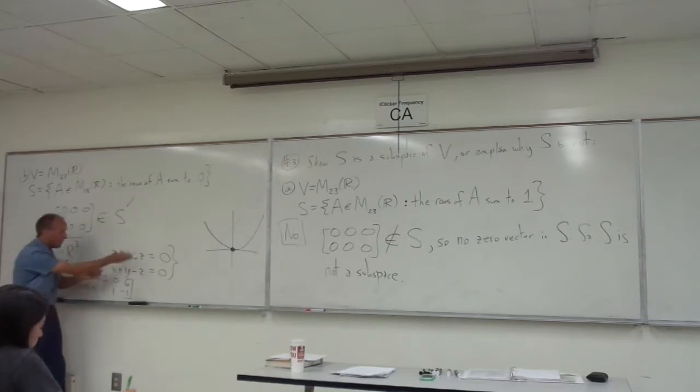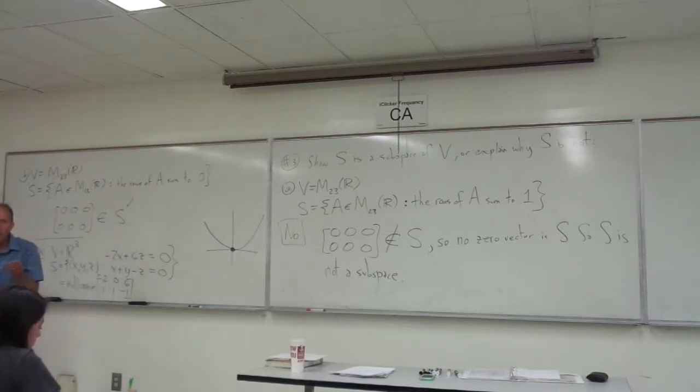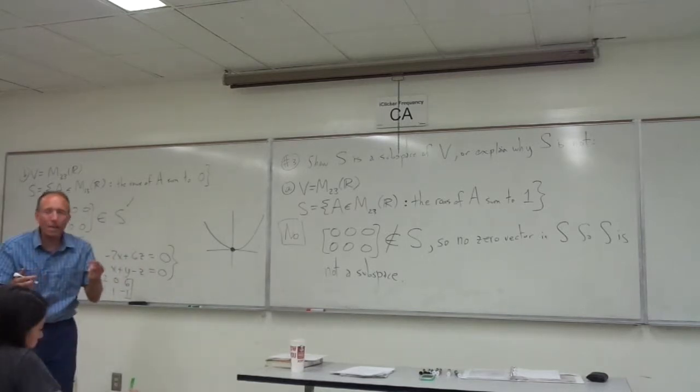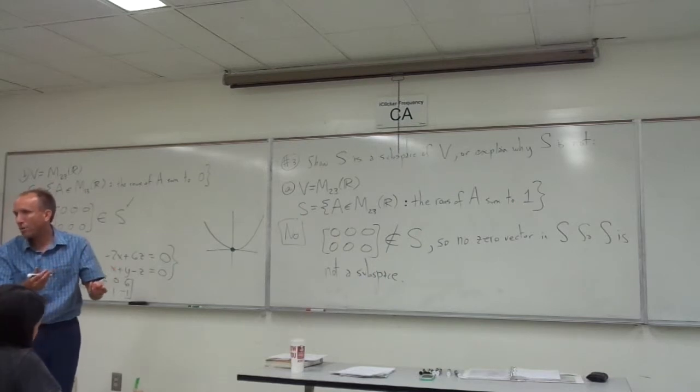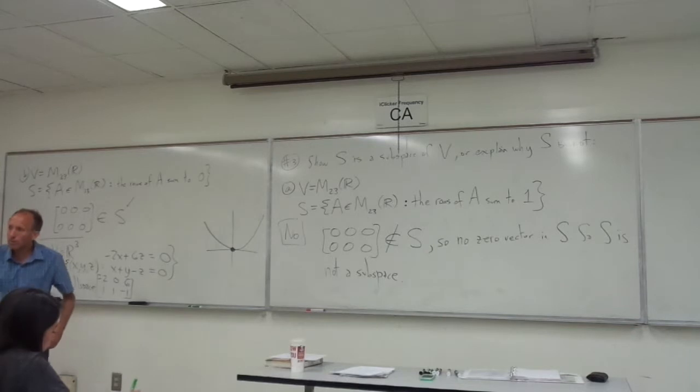I can change these numbers all I want. It doesn't fundamentally change the concept that it's closed under addition and scalar multiplication. So instead of making us reprove it every single time we have a set that looks like this form, we just prove it once and for all that any time you have the null space of a matrix, it's a subspace. Done. No need to check any further.